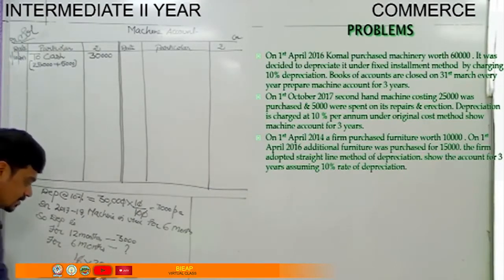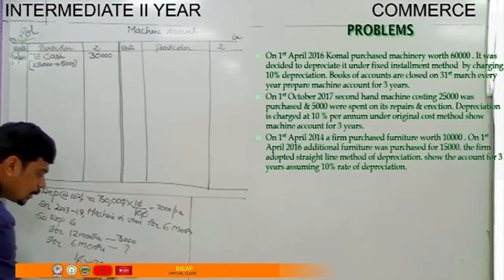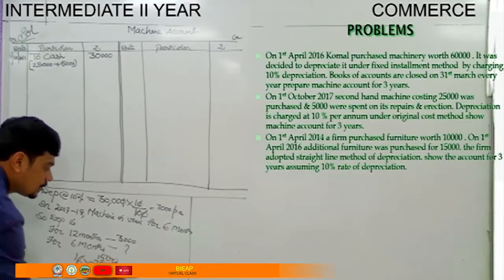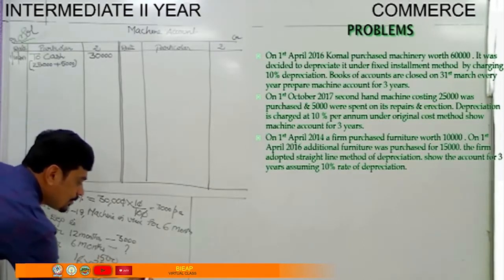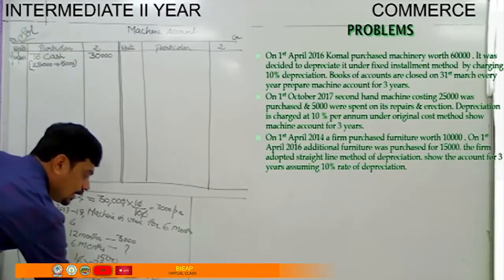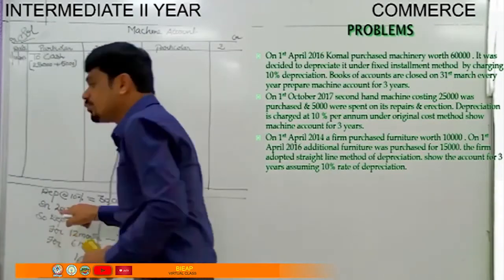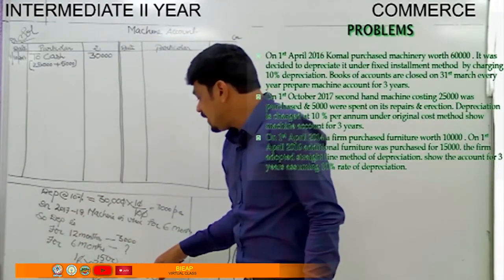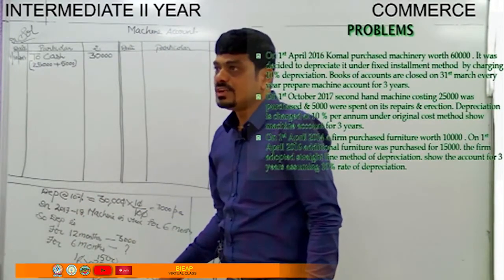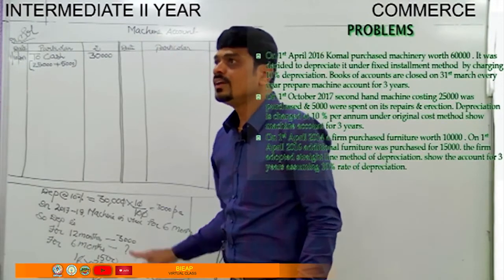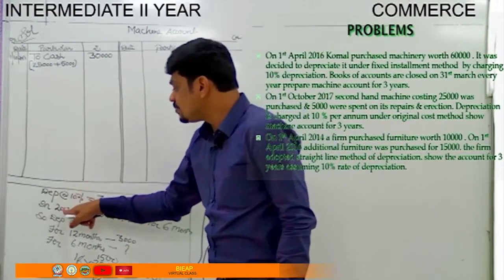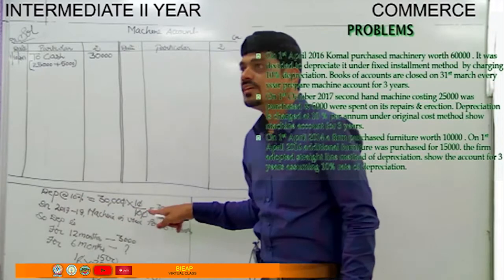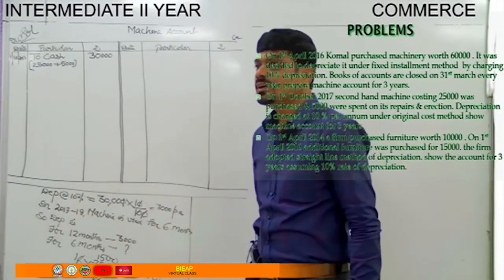So the amount is 1,500. Only for the year 2017 and 18 will we charge 1,500 as depreciation. Is it clear? Again I am explaining. Since we are using it for 6 months, we'll calculate depreciation for 6 months.